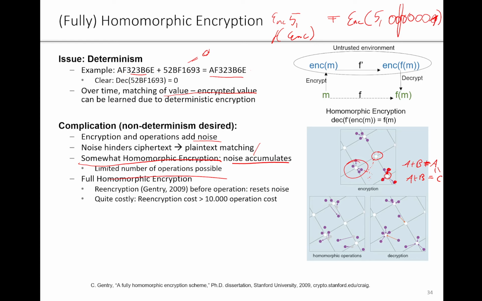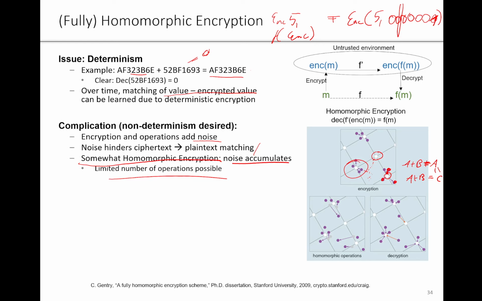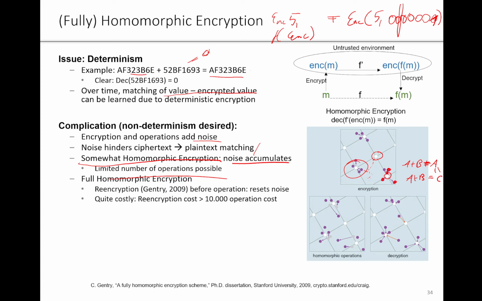And now there was some work 15 years ago or so. Let's say you have 100 operations that you can do before the noise gets too large. What this work does is it uses 99 of them to reset the noise, and then does one correct operation. So it resets the noise.